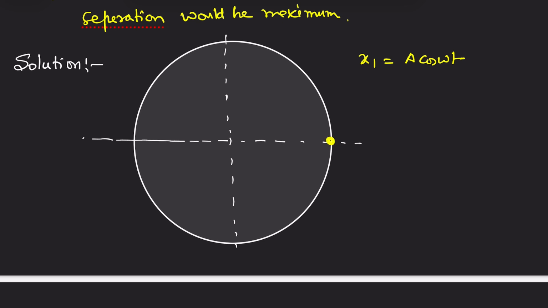And guys, the second one, x2, is a cos(omega t plus phi). It means it is phi phase ahead of x1, guys. It means my second particle would be at this position, and this will be your particle.